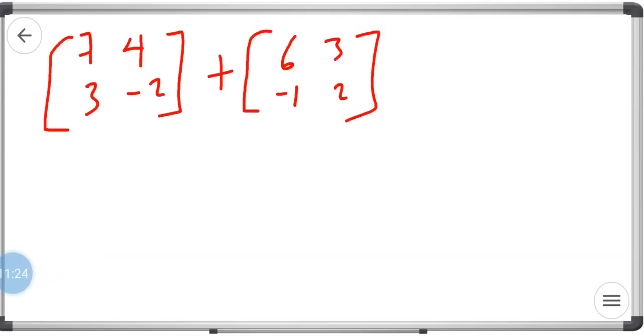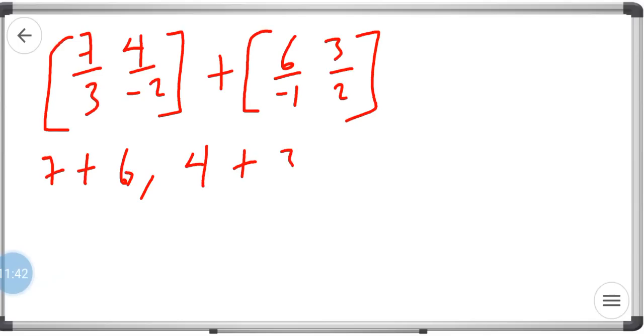So from here now, we are told to add them together. I'll take my 7, plus we are adding 6 here. That's 7 plus 6. I'll put my comma here. And the next one is 4. 4 plus 3.